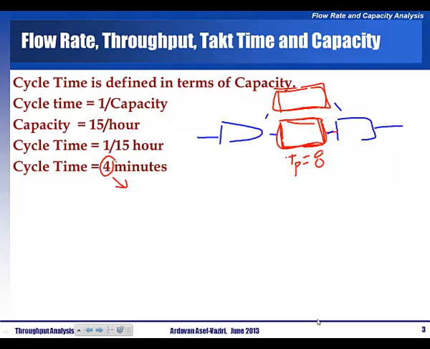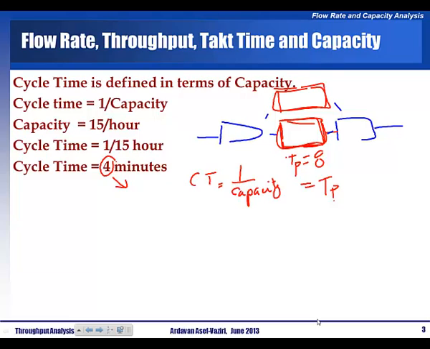So again, in general, cycle time is equal to 1 over capacity. If bottleneck resource is only 1, then TP of bottleneck is equal to cycle time.